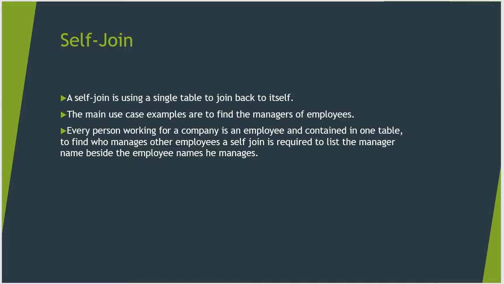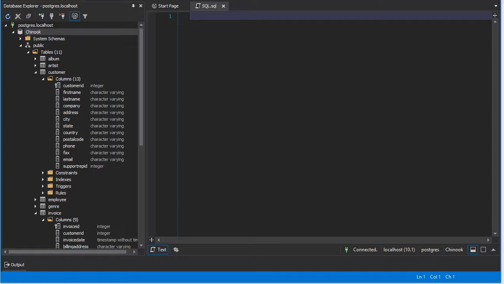Before I go any further, I want to show an example of a Cartesian join. So I'll bring up my Chinook database, and let's look at some of these examples we've been talking about.